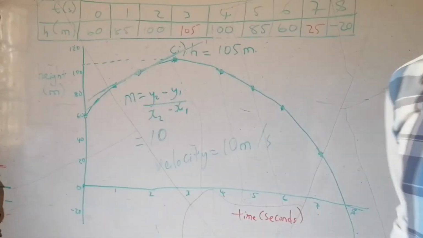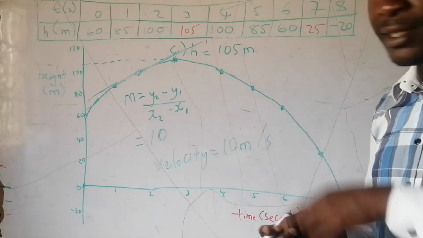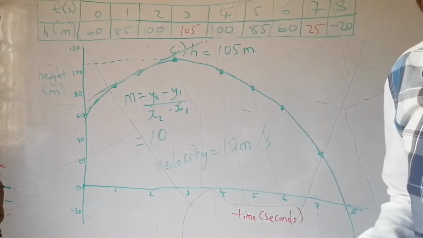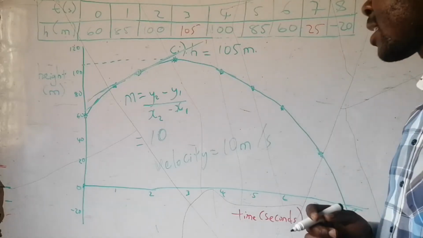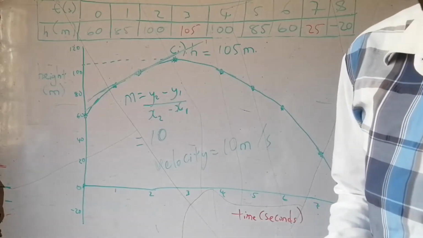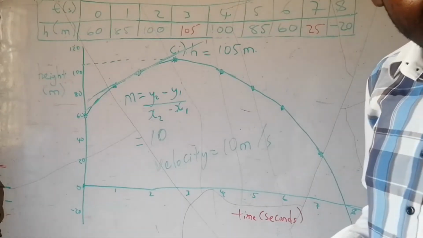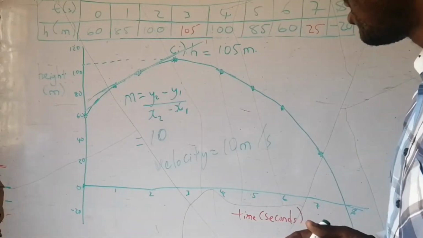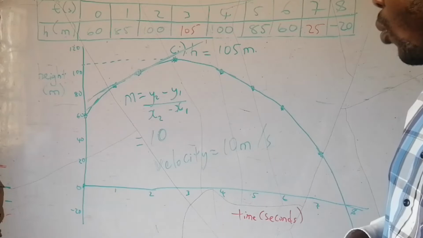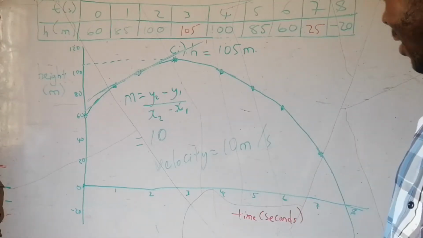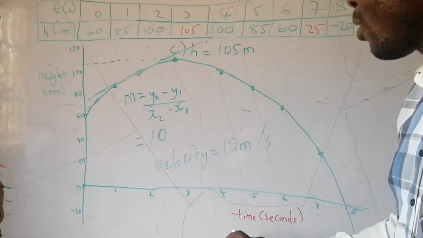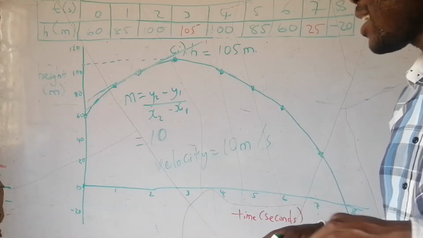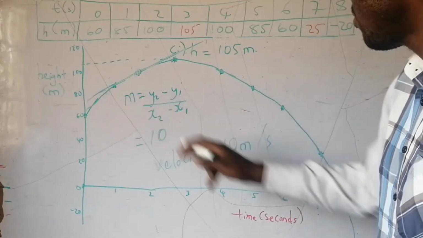Now the last question. The time when the stone is at a height of 80 meters. Now, we have been asked about the time when the stone is at the height of 80 meters.